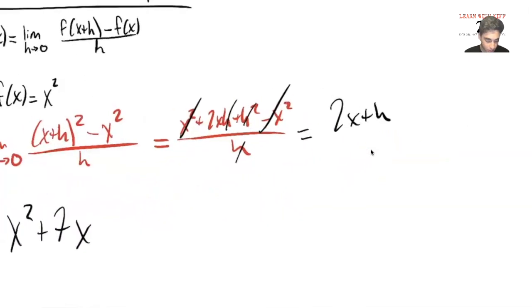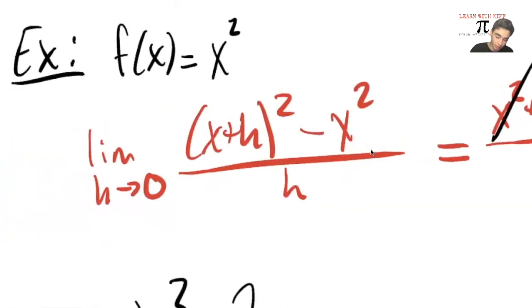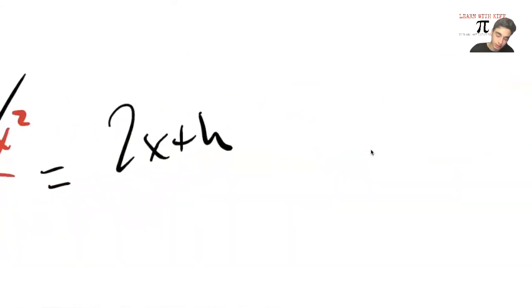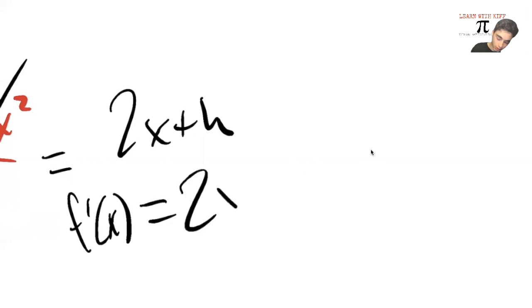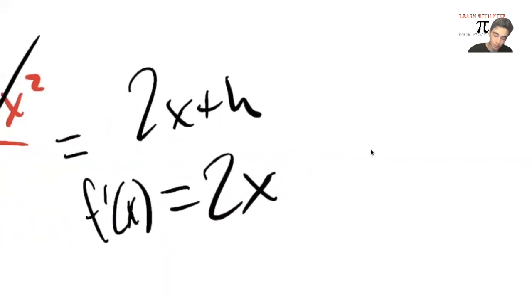But it's important to note that we have the limit of h approaching 0. So if we plug in 0 for h, we just have the derivative of function f is 2x, because we were plugging in 0 for h.